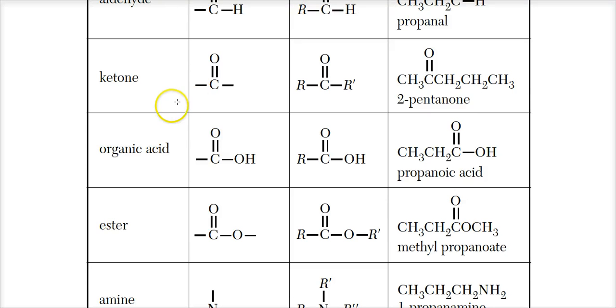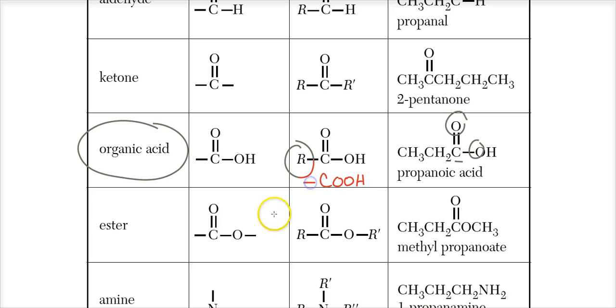We have an organic acid when you have a C and an O at the end. So there's your functional group. The R is the rest of an organic molecule. And sometimes, as I just showed you, or in the question, they write this ending as COOH. And these are acid shapes.